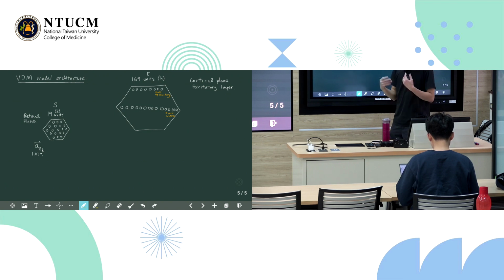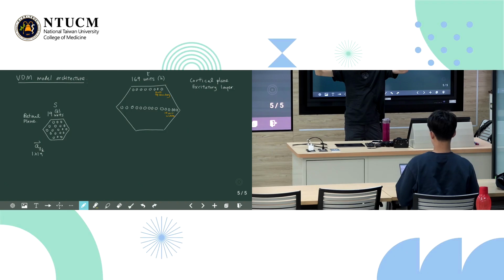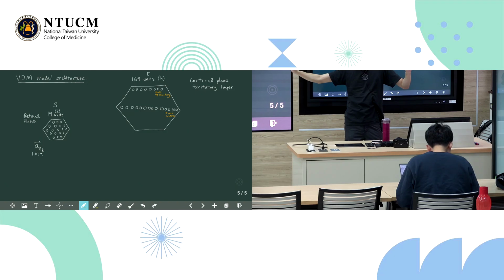If you do it, at first it's 8, then the next row will be 9, then 10, 11, 12, 13, 14, 15. Then it'll be 15, 14, 13, 12, 11, 10, 9, 8. Like that, that will be a hexagon of 169 units.